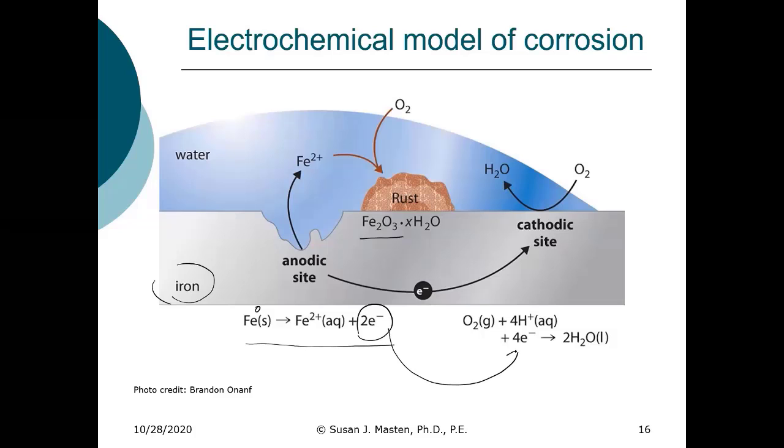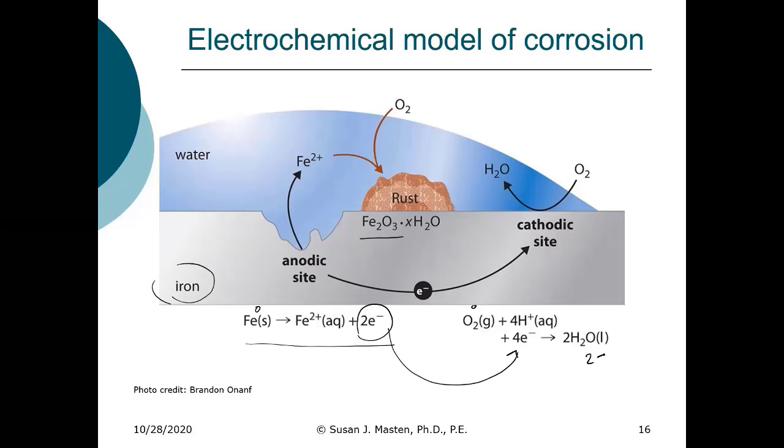It's donating electrons to oxygen. So that oxygen is reduced from O2, which is a valence state of 0, to oxygen in water, which has an oxidation state of 2-. And that occurs at the cathode. And that forms the rust that you saw on that one pipe.